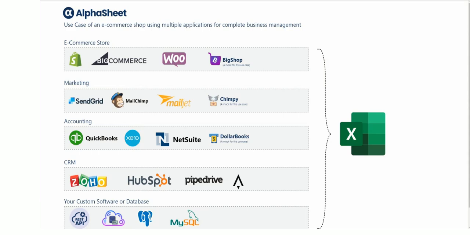In your custom software you probably may want to see your inventory levels and daily purchases. So in this use case we will show you how we would use all these data sets from different apps into MS Excel, and we'll be creating beautiful charts and pivots.